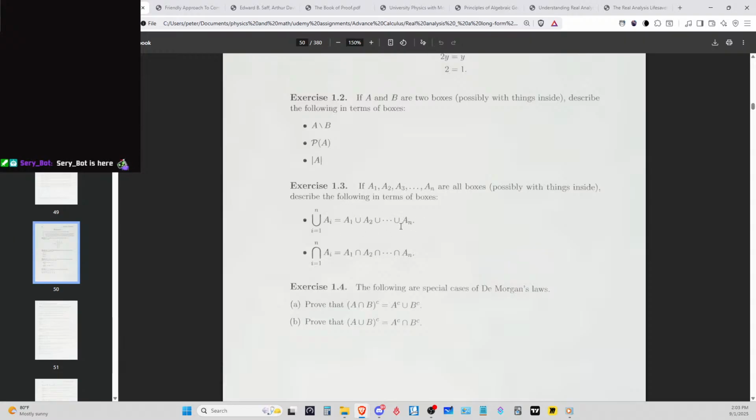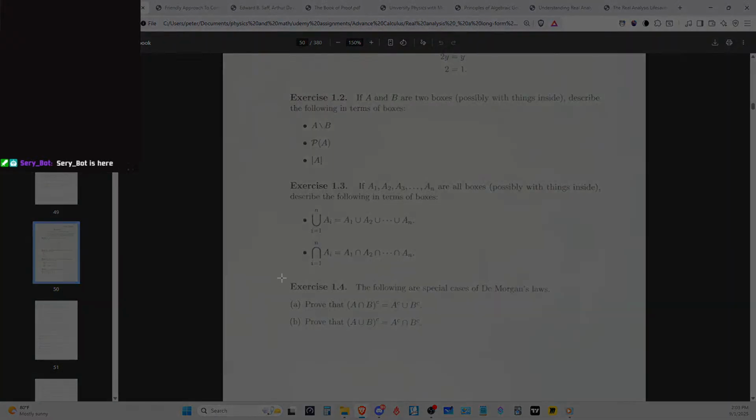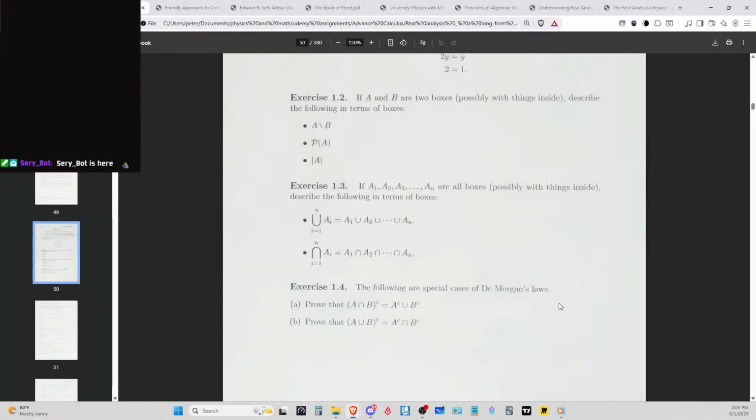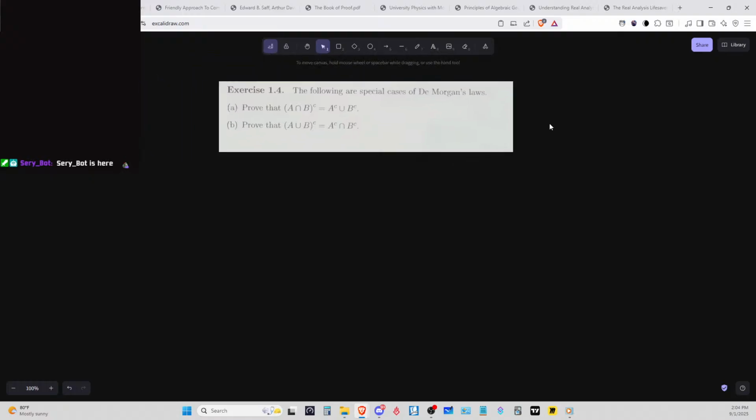It basically is all of them at that point. But for the intersection, I think it's all the way up to A1 at that point. So let's just copy this and paste it. We'll just do it like this.